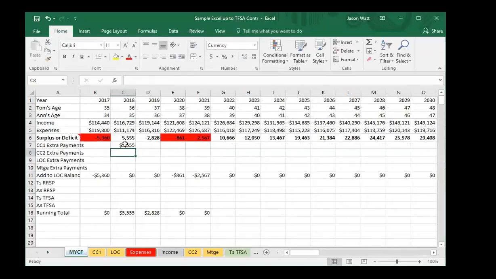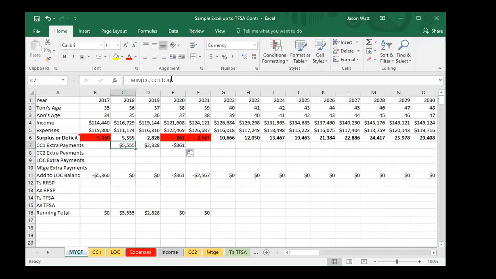And I'm going to pay that towards my credit card balance. So this year, again, we're going to pay that towards our credit card balance. But I'm sure you can see what's going to happen in a second here. The smallest number here is going to be negative 861. That's going to influence my credit card balance now.